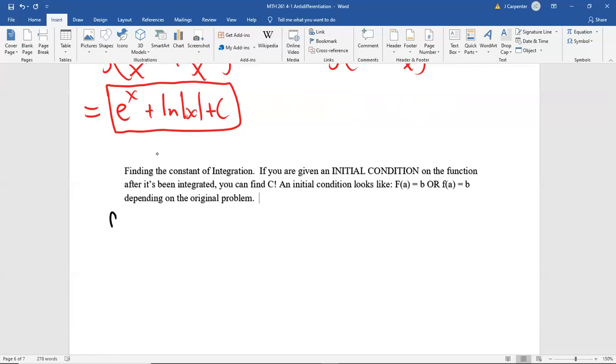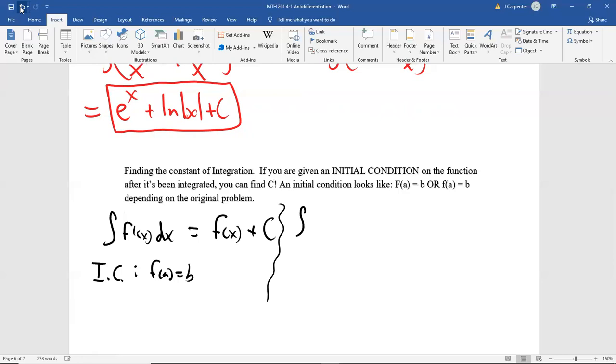If your original problem says that the function they gave you is a derivative and you're finding the actual function, and you have your constant added in, the initial condition would look like this. F of A is equal to B.